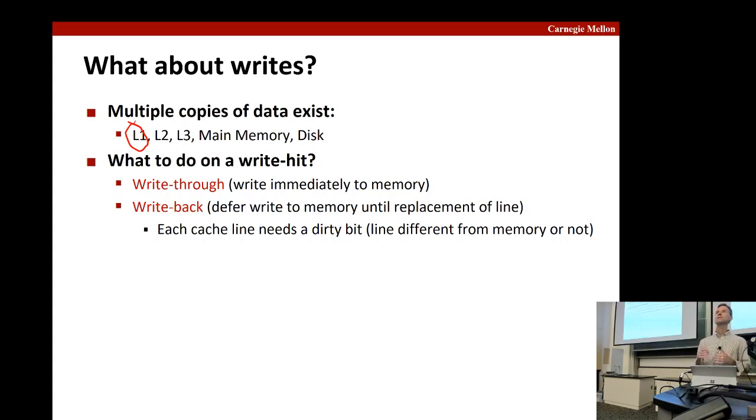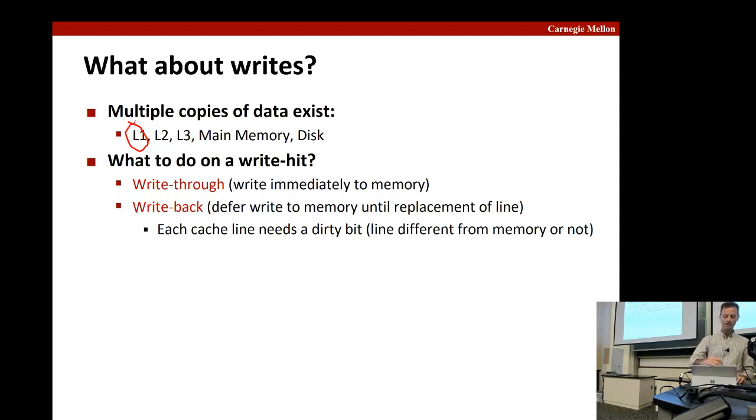Write through says that you update the value in the cache and you update the value in the next level of the cache and so forth, all the way down throughout the cache hierarchy. As you can imagine, that's rather costly to do right away, because because of locality, you're often writing things multiple times before they get evicted from the cache.